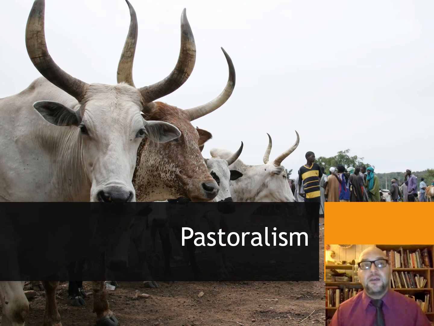Pastoralists, again, are really brilliant adapters to their environment. These animals supply milk, they supply meat, they supply leather, and they supply blood.